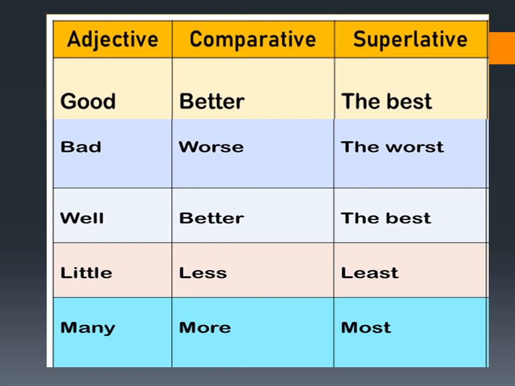Good, better, best. All the three words are new. They are not matching with the adjectives of positive form or comparative form or superlative form. Bad, worse, the worst. Well, better, the best. Little, less, least. Many, more, most. So these are the examples of irregular adjectives.